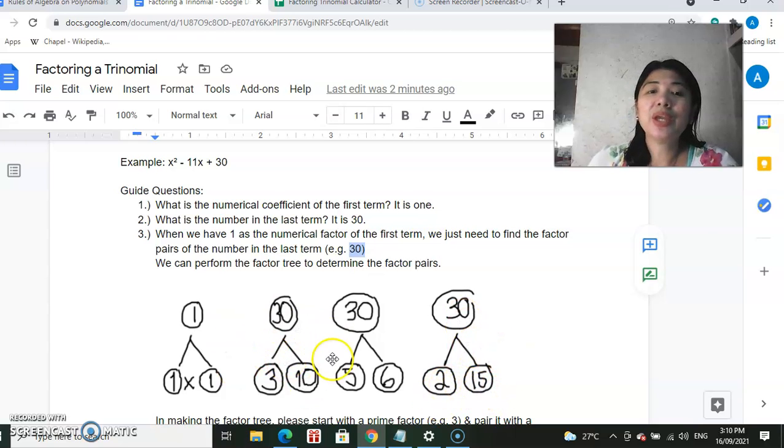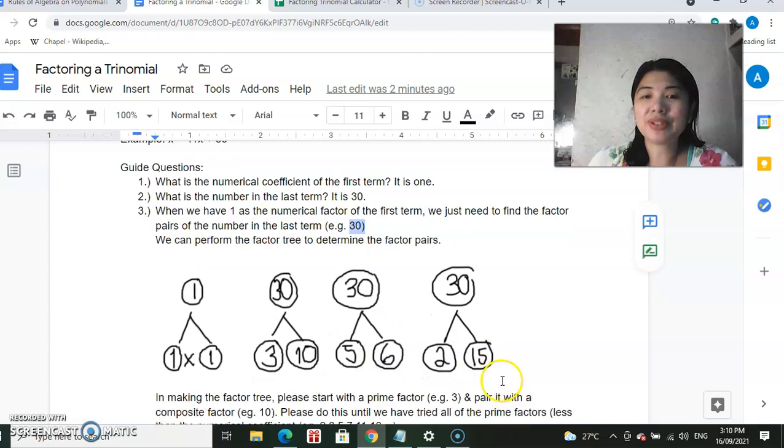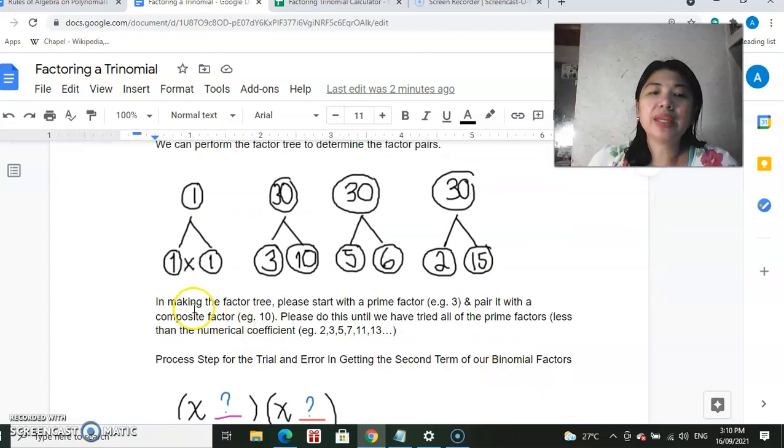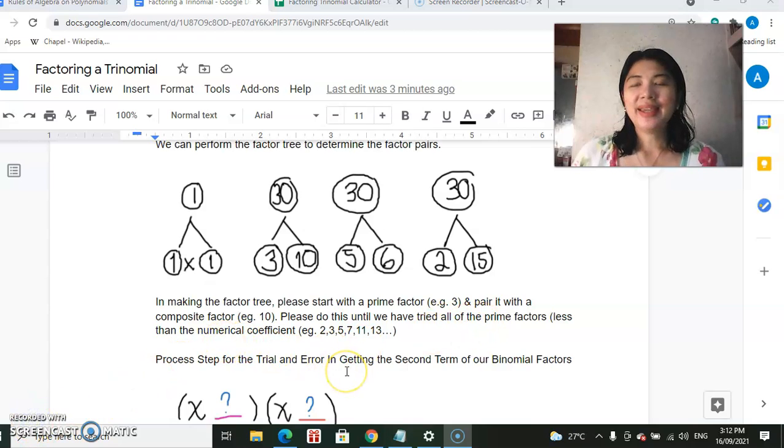This is what we call the factor pairs. So please start with a prime factor like 3 and pair it with a composite factor, and do this until we have tried all of the prime factors less than the given number, for example, 30.